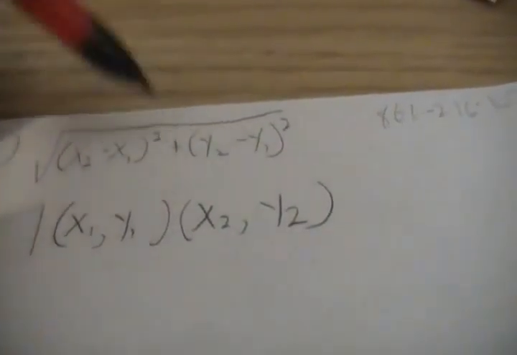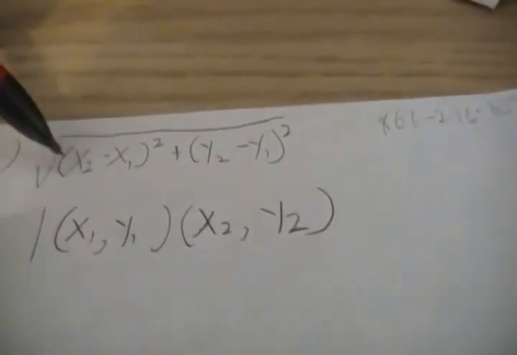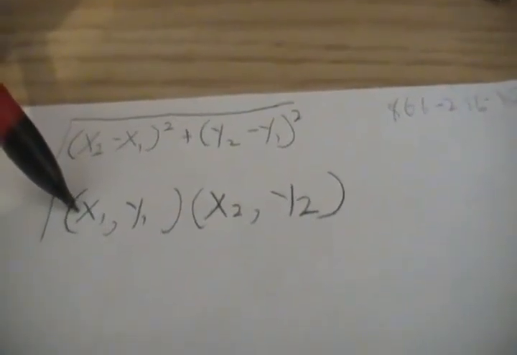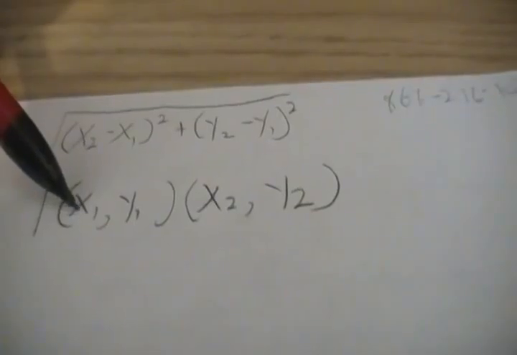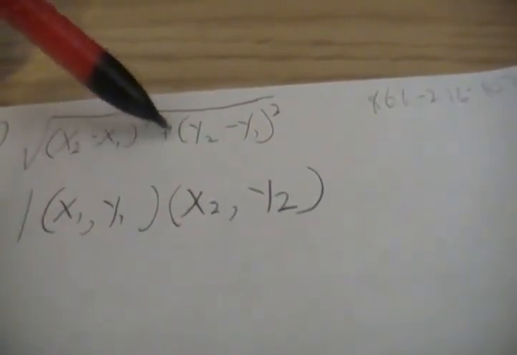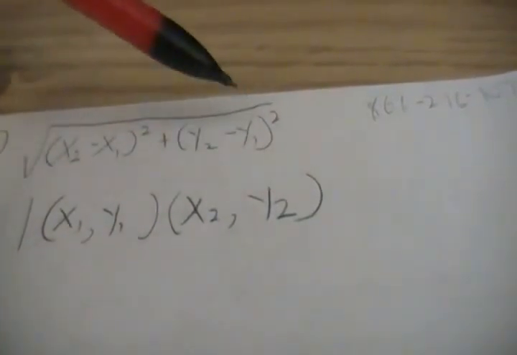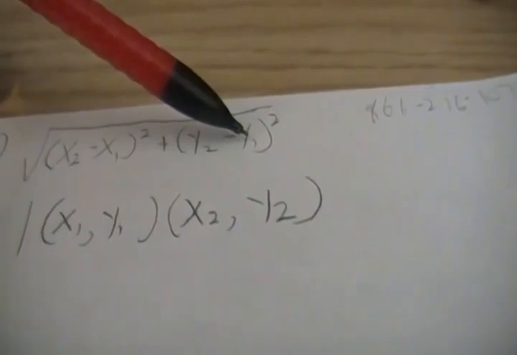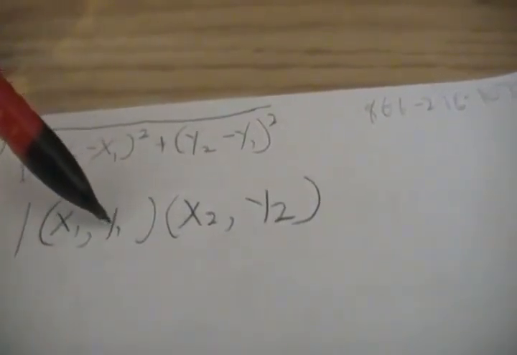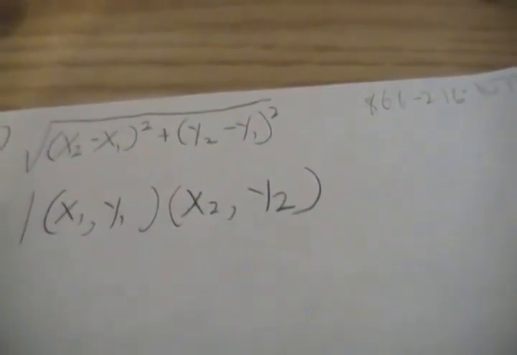To find the distance between those 2 coordinates, it's going to be x2 minus x1, which is the x coordinate of the first point, plus y2, which is the y of the second coordinate, minus y1, which is the y coordinate of the first point, squared.